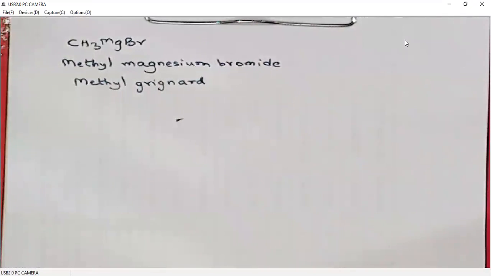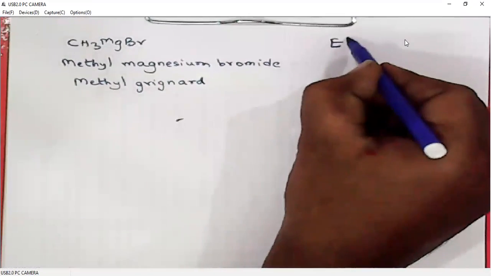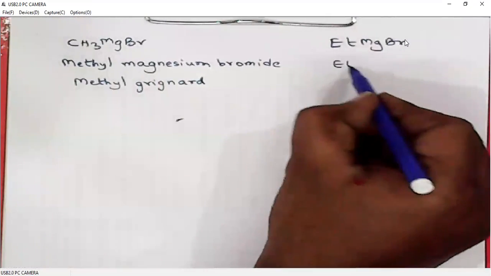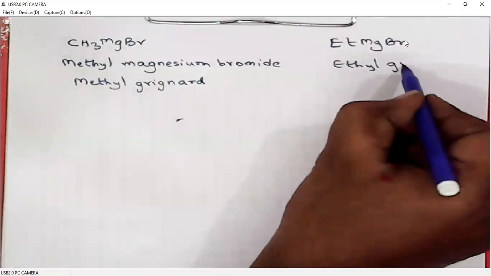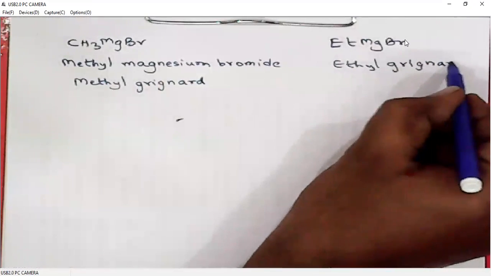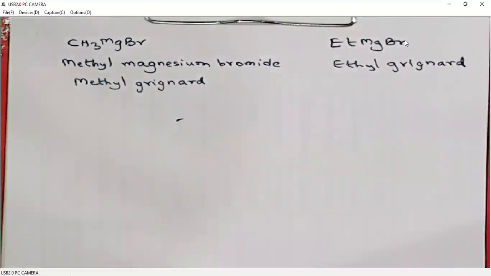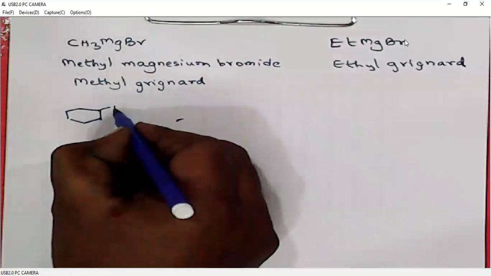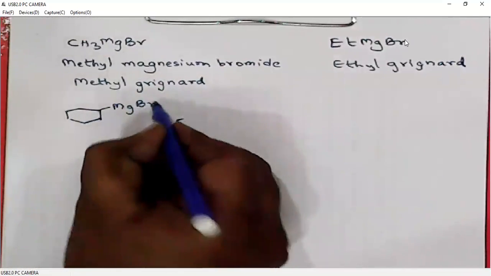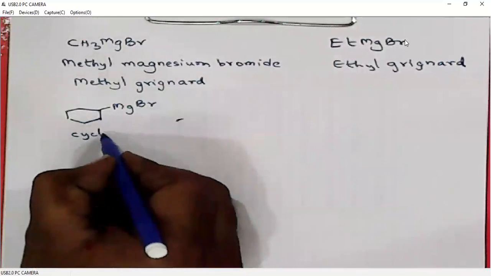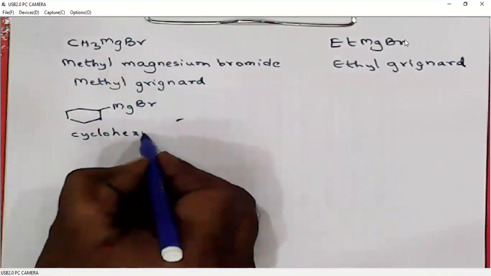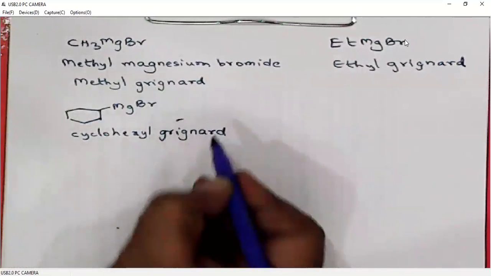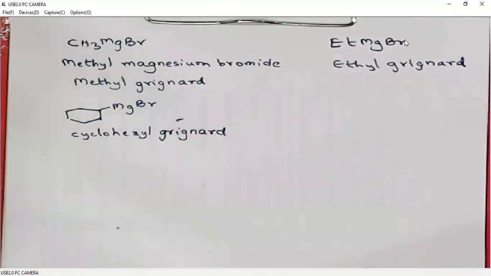If we have an ethyl group, it is called ethyl Grignard. If we have some cyclohexyl group, it is called cyclohexyl Grignard.